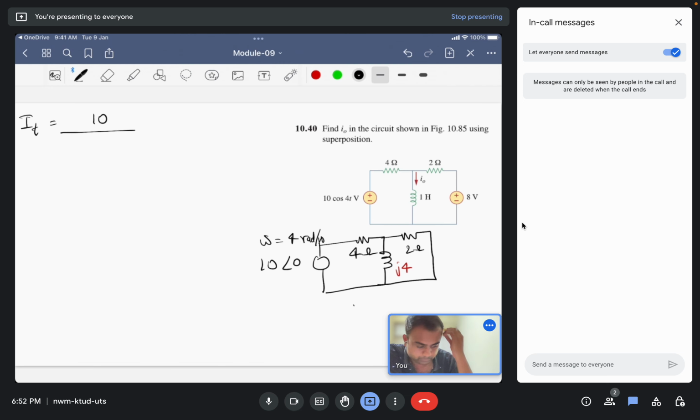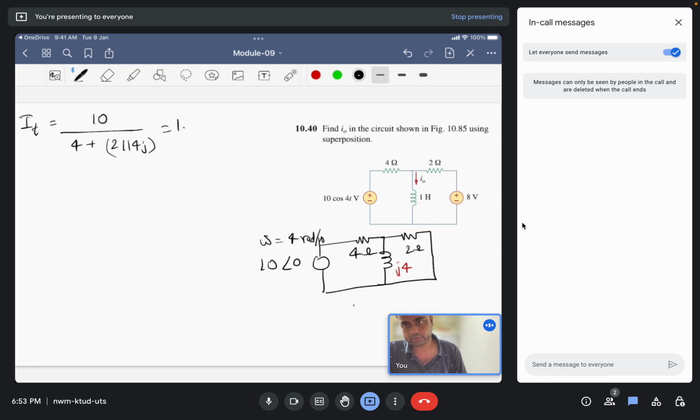So the equivalent resistance is 4 plus 2 ohms in parallel with j4. So 2 ohms is in parallel with j4, that is 2 plus j4 inverse, and plus 4 ohm, 10 divided by the answer.